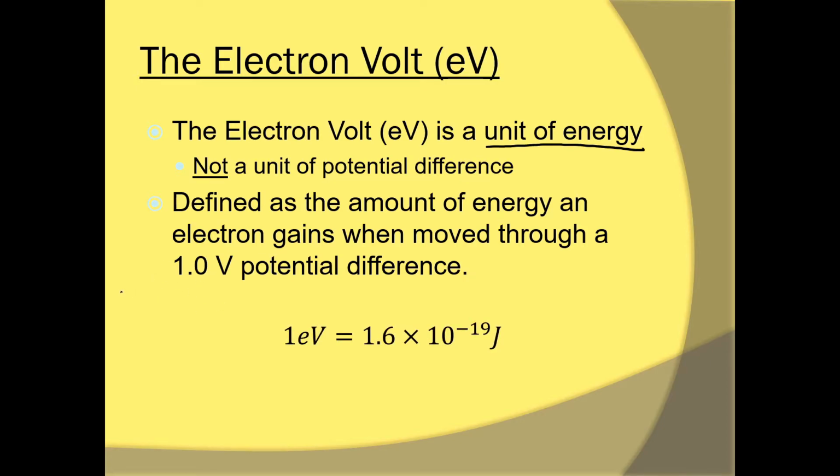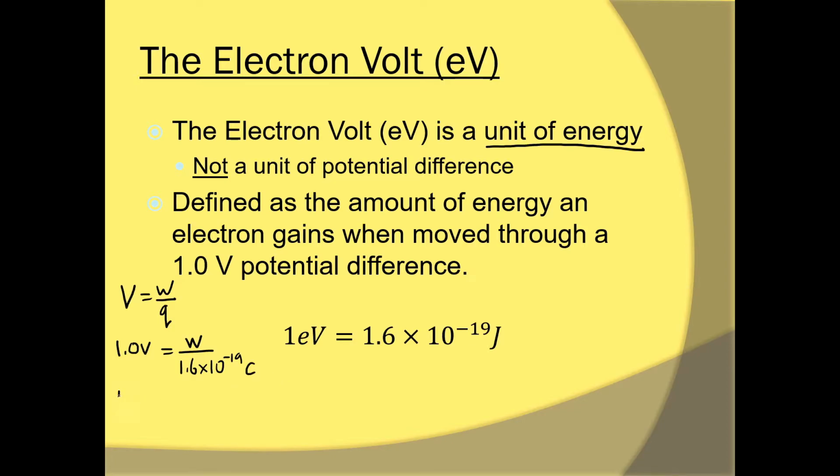So basically, from our equation of voltage equals work divided by charge, we set our voltage to 1, and we set our charge equivalent to the charge of 1 electron, which we defined previously as 1.60 times 10 to the negative 19 coulombs.